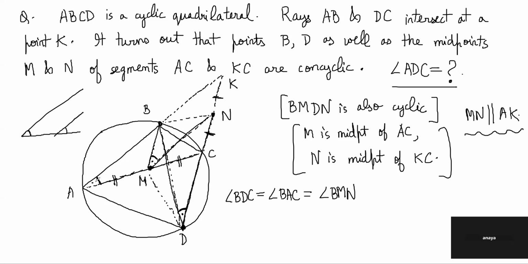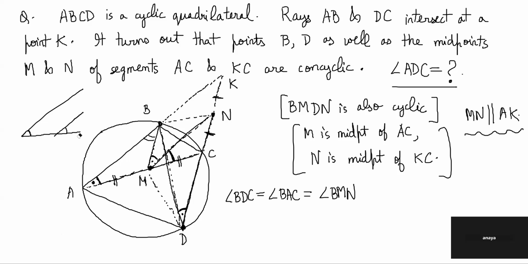First of all, we know that this angle will be equal to this angle. What else do we know? What is this angle going to be equal to? ABM is equal to what? If AB is parallel to MN, it's going to be equal to BMN.